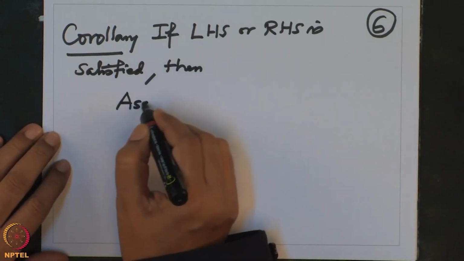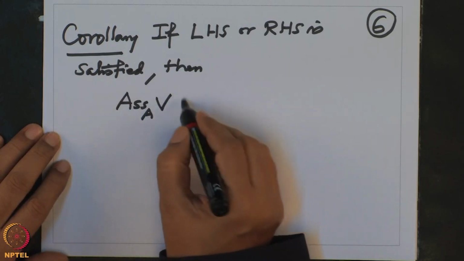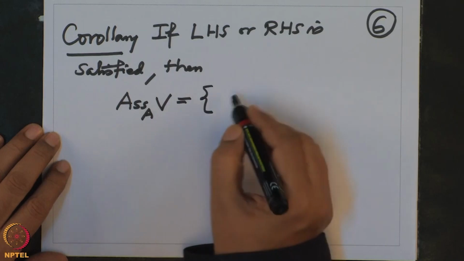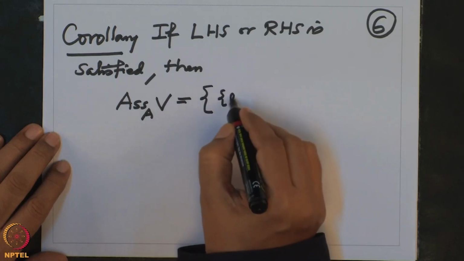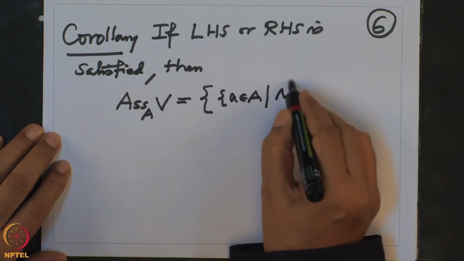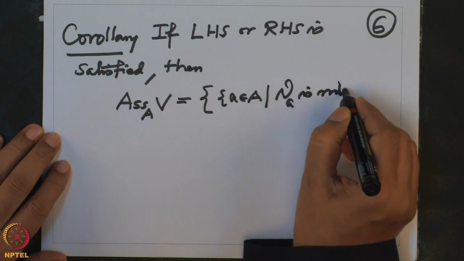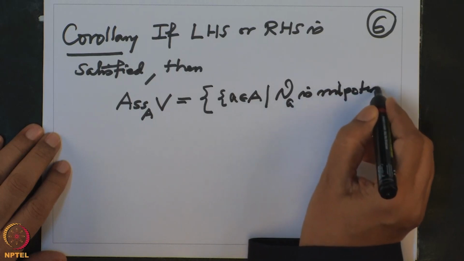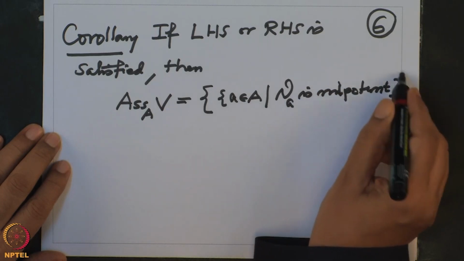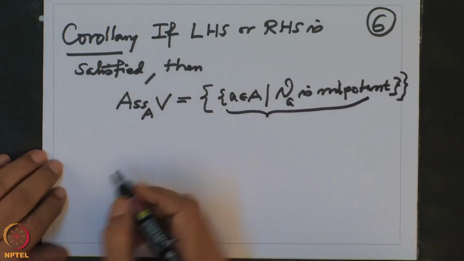So the associated primes of V, that is a singleton, and that element, what is that prime ideal? That is precisely the prime ideal of all those elements a in A such that the homothety is nilpotent. That is that prime ideal. So this is the only element in the associated primes of V.